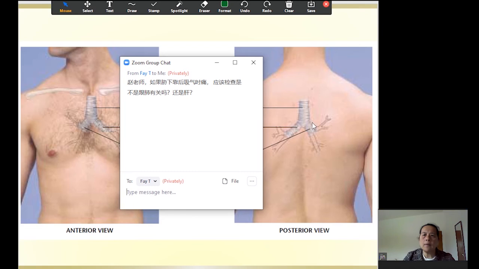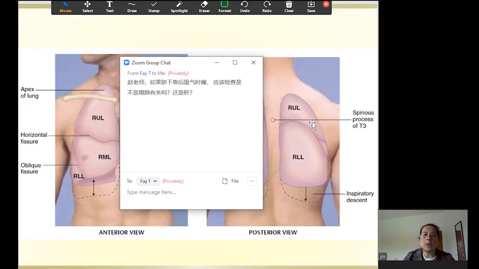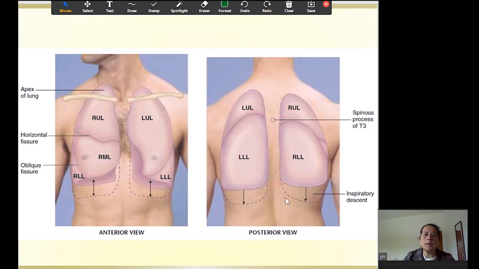Some questions in here. So basically we're talking about respirations changing with the location or position of the lung. On the right side, certainly, we have the liver below the lung area.